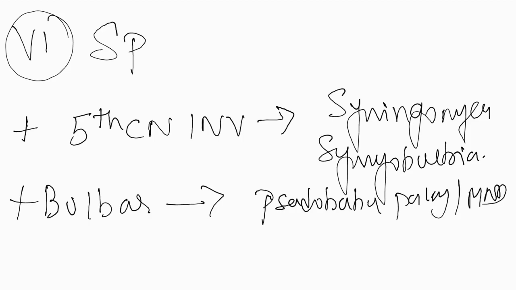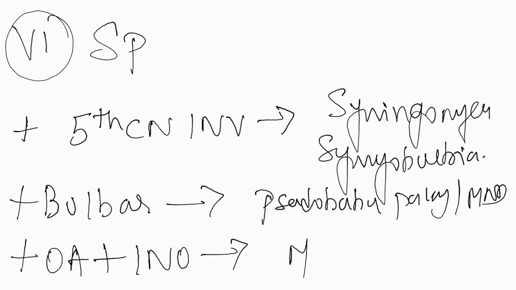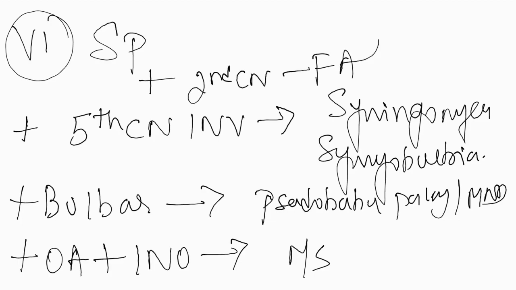If there is a spastic paraparesis with optic atrophy plus internuclear ophthalmoplegia, obviously you know your good old MS. If there is a spastic paraparesis with second cranial nerve involvement, it can be a Friedreich's ataxia and multiple sclerosis.